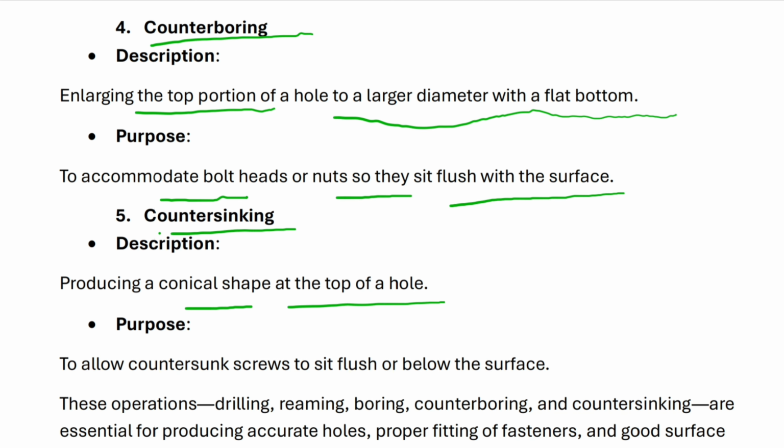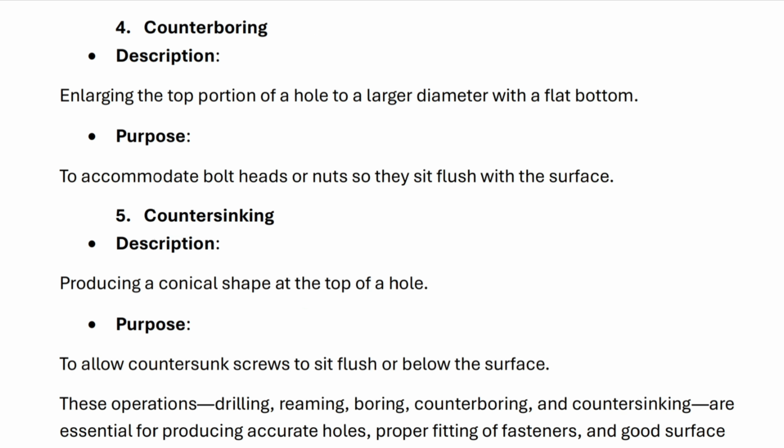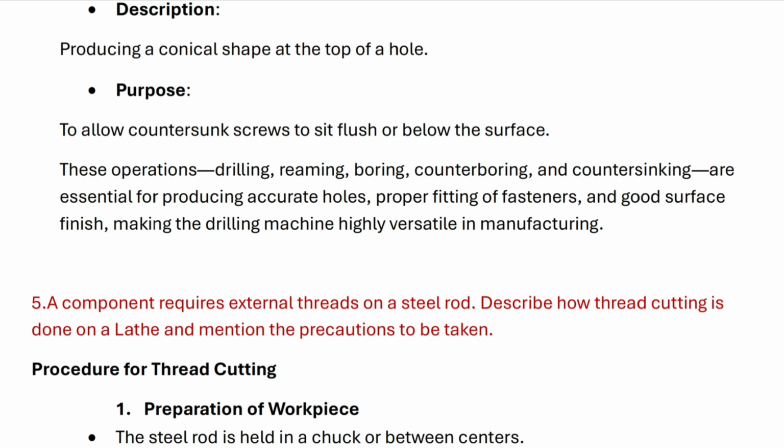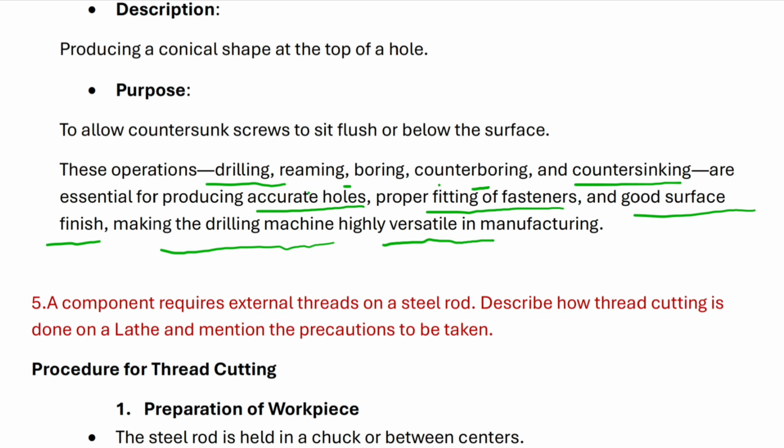The purpose is to allow countersunk screws to sit flush or below the surface. So these are the operations: drilling, reaming, boring, counter boring and counter sinking. These are essential to produce accurate holes, proper fitting, fastening and good surface finish, making the drilling machine highly versatile in manufacturing.